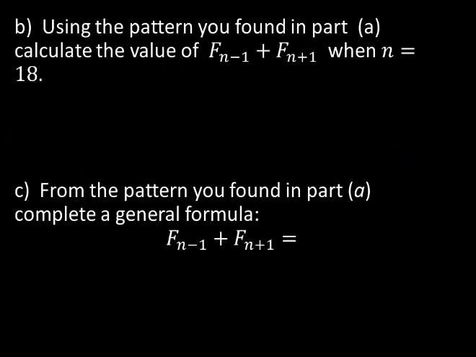That we found in part A, calculate the value of F sub n minus 1 plus F sub n plus 1 when n is 18. Well, if you look back at that pattern, when n was 2, we got L3. When n was 3, we got L4. When n was 4, we got the 5th Lucas. And when n was 5, we got the 6th. So here, n is 18.